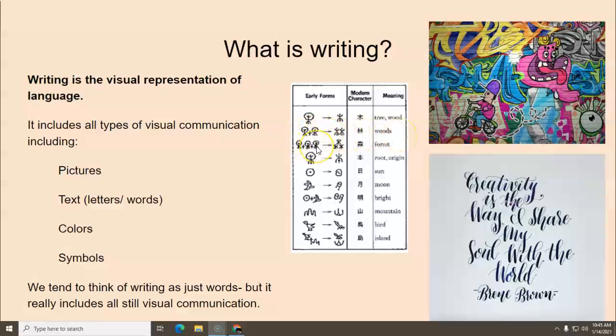And if I have 3, many, that becomes forest. If I lose the top part, where the leaves are, and I just have the tree and the roots, it means root. And you can kind of look down and see how all of those things work together, where you have a drawing that turns into a symbol, that turns into a written character.